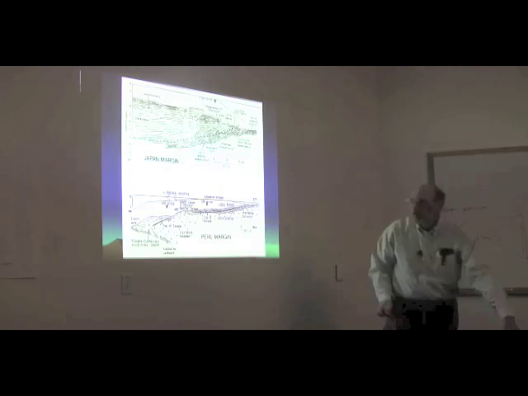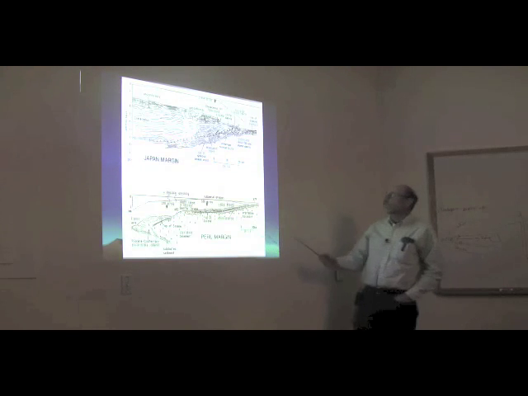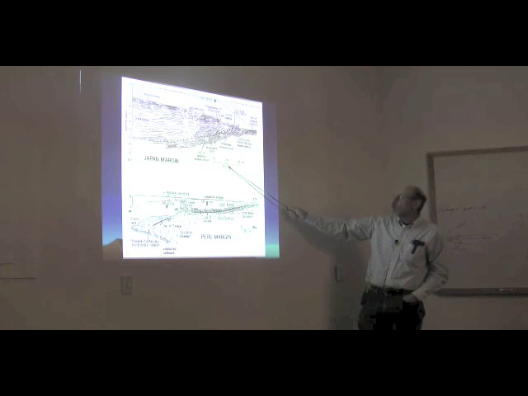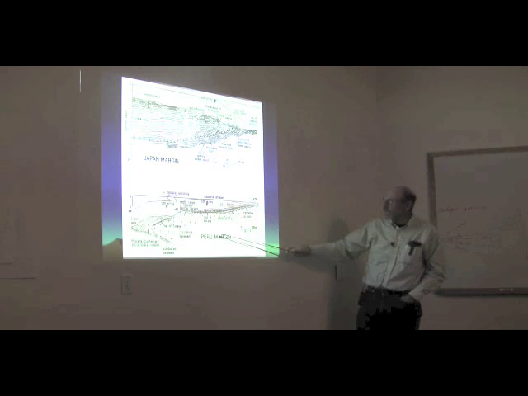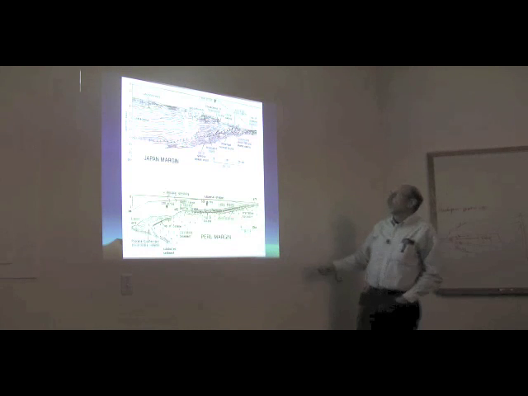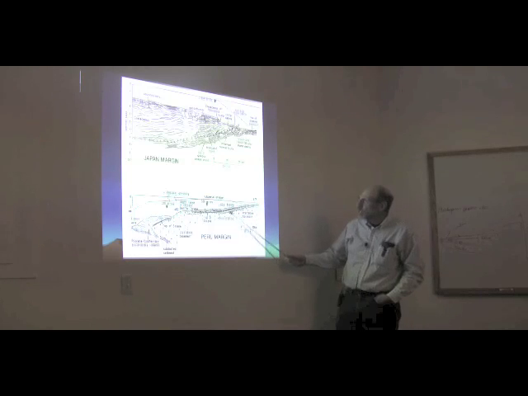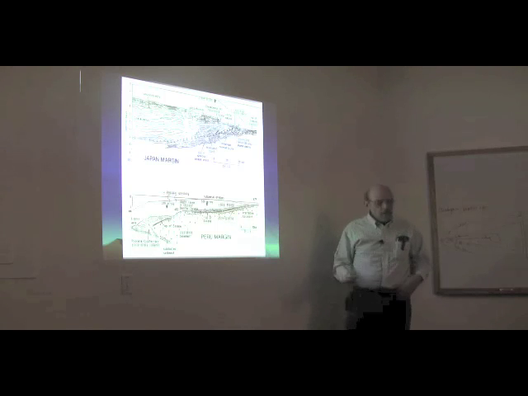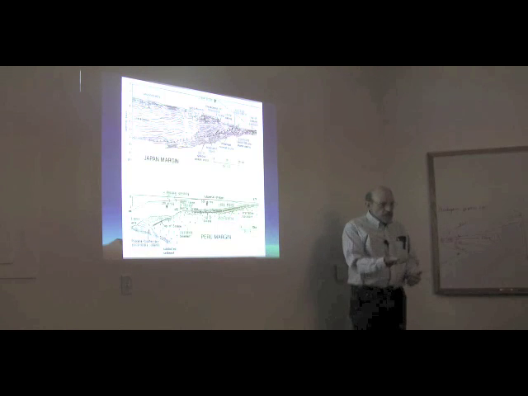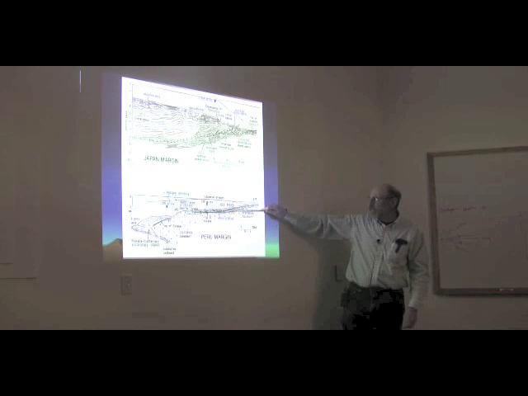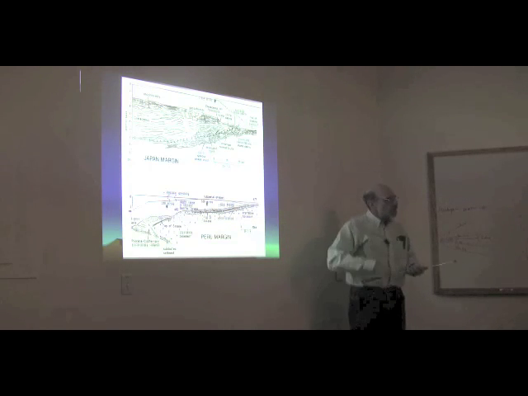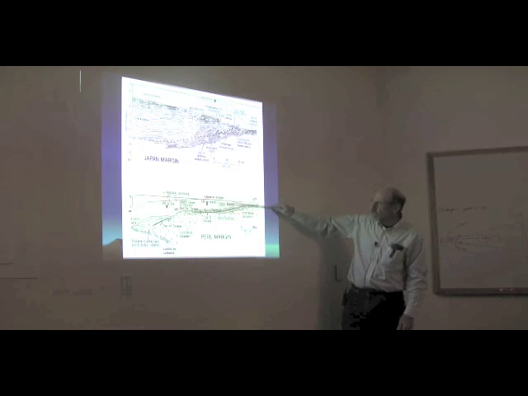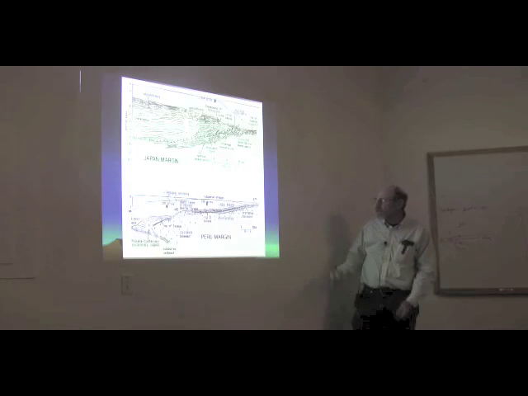Here are two other examples that have been studied in more detail. This is the Japan margin, so we're looking north in both cases. So the margin off of Japan and the margin off of Peru. And in both cases, you can see down at some depth in the sediments an unconformity, that is a period when that region was up at sea level and was being eroded. And then that unconformity subsided and more sediment was added to it.